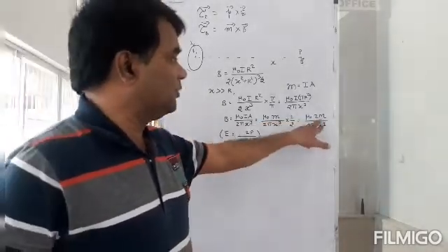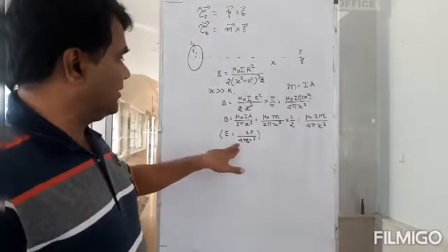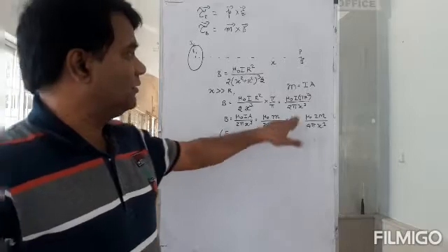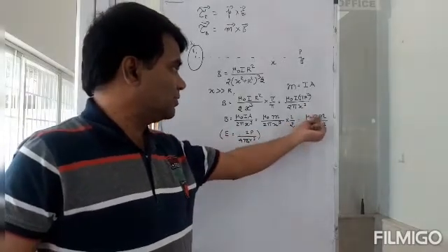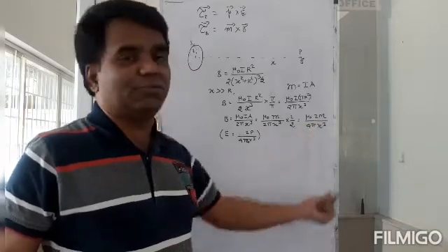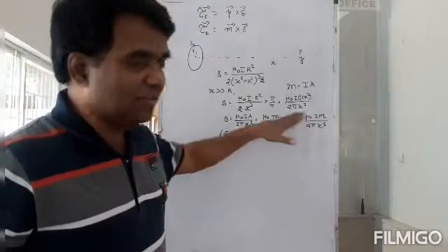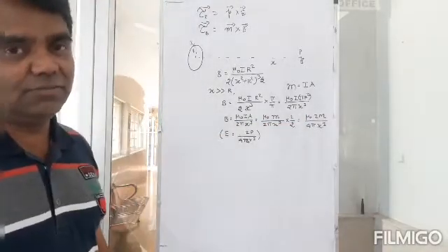So this will also be falling off as 1 by x cube. A similar structure is there.